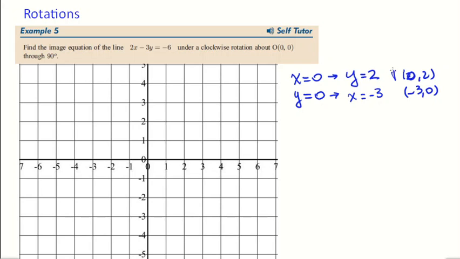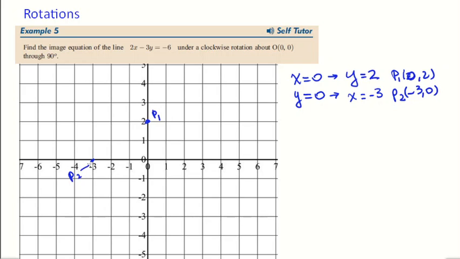Okay, let's name them. So P1, P2. So I've got P1, x equals 0, y equals 2. This is my P1. And P2 is -3 and 0. This is P2.